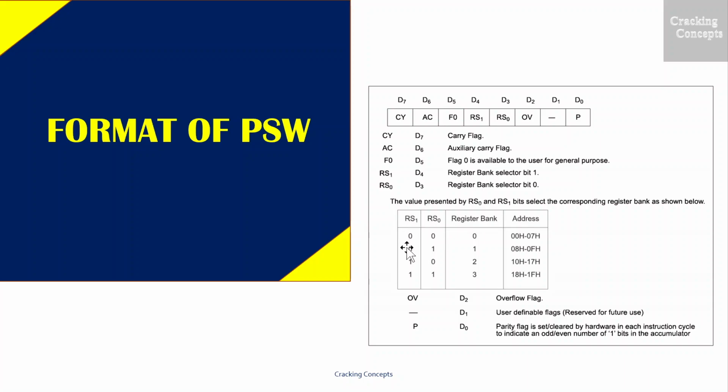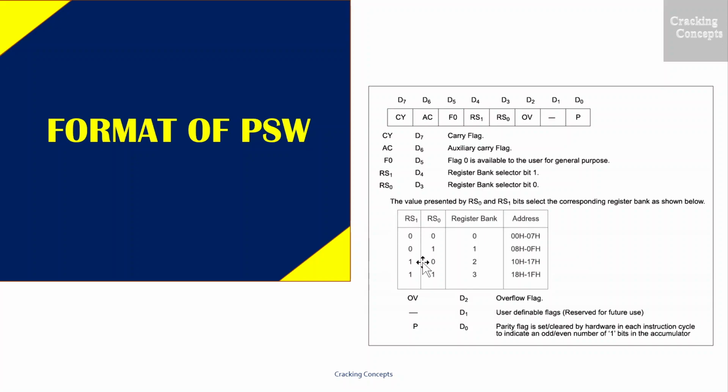So when both RS1 and RS0 are 0, then register bank 0 is selected, whose address is of the range 00H to 07H. When RS1 is 0 and RS0 is 1, register bank 1 is selected and the address range is from 08H to 0FH.